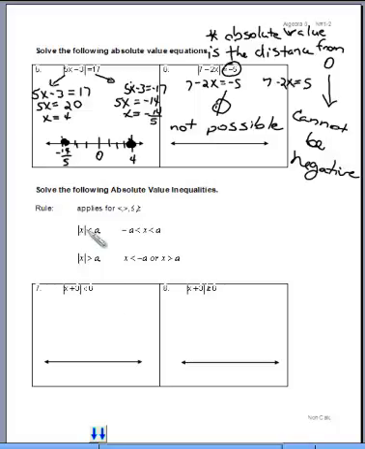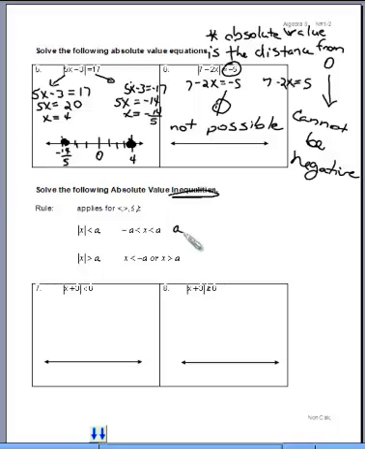All right, on these absolute value inequalities, these are inequalities, that's a key. So you're going to have a less than or greater than sign. And so one thing you need to notice, if it's less than a number, then you have a conjunction.